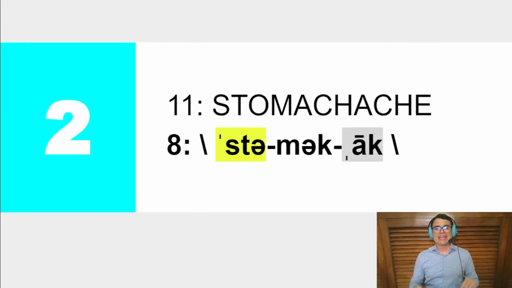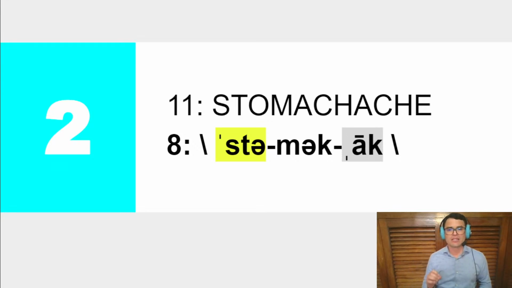Second word, eleven letters, eight sounds, three syllables. The first syllable is the stressed syllable, and the last syllable has the secondary stress. First syllable, second syllable, third syllable, a with a hat.